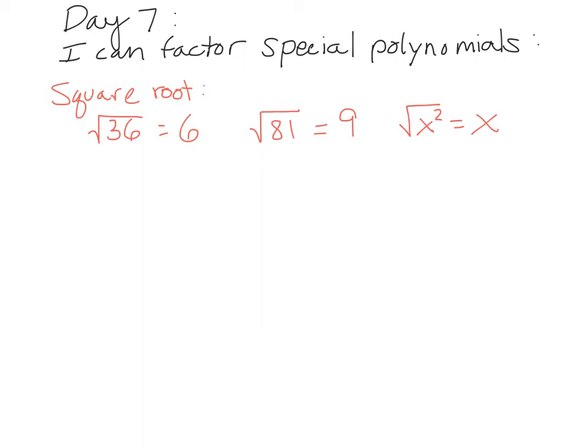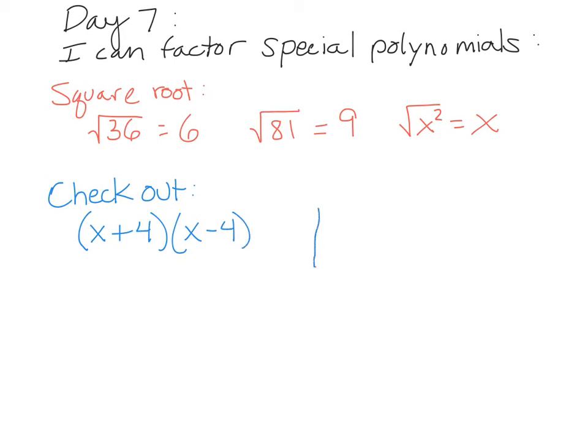Next we're going to check out some multiplication of polynomials. Check out what happens when we multiply x plus 4 times x minus 4. I'm going to make the little box method so we can quickly see what happens.